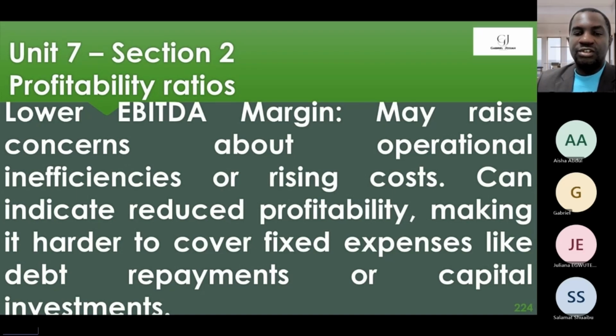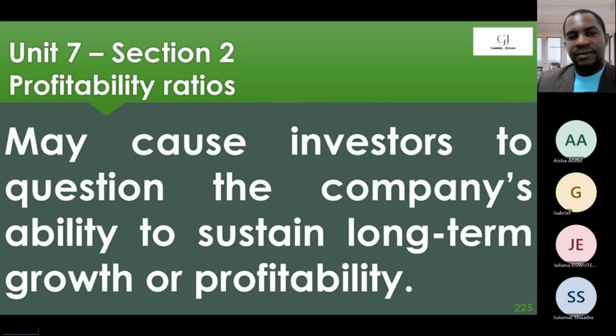It can indicate reduced profitability, making it hard to cover fixed expenses like finance costs and capital investments. So this may cause investors to question the company's ability to sustain long-term growth and profitability. So the EBITDA is actually a long-term measure of profitability, especially in the US.